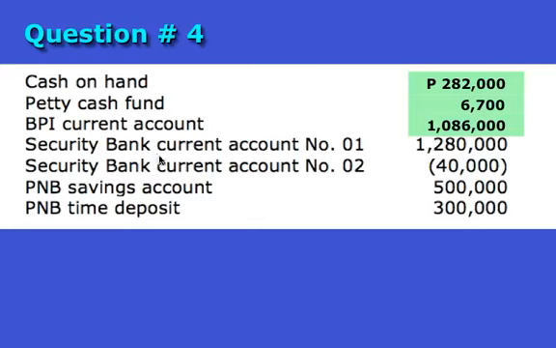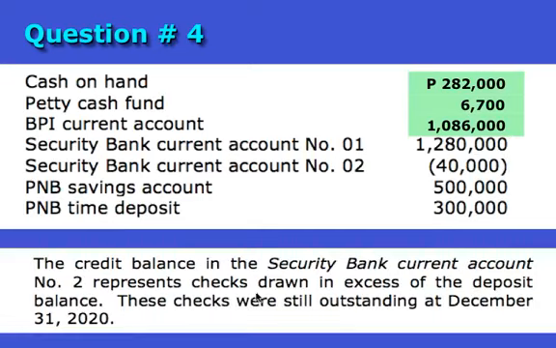Okay, Security Bank current account, number 1, 1280. Number 2, same bank, overdraft. So may additional information regarding this overdraft. Second to the last sentence: the credit balance in Security Bank current account number 2 represents checks drawn in excess of the deposit balance.